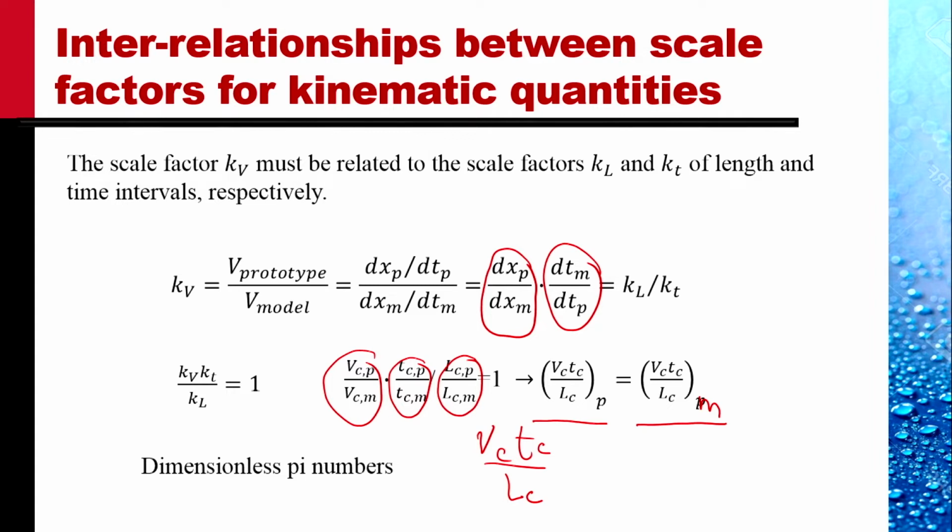The characteristic value of the velocity times the characteristic value of the time interval divided by the characteristic value of the length would have the same value in the prototype as in the model. So, this is invariant. And that is why it is termed a pi number.